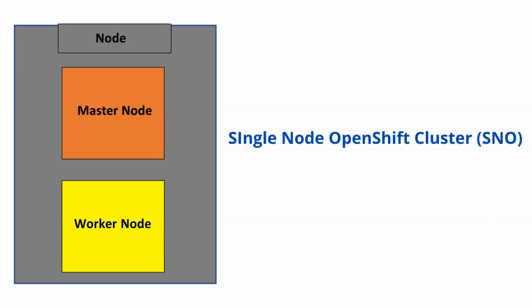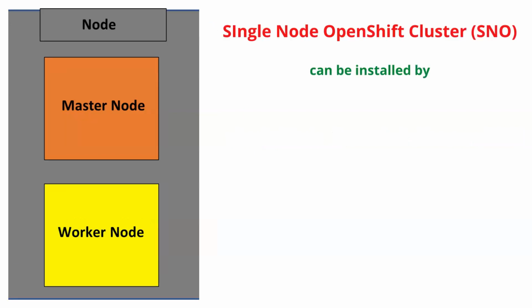From the Red Hat perspective, you can install a single node OpenShift cluster in different approaches. You can install a single node OpenShift cluster, known as SNO, using the assisted installer.